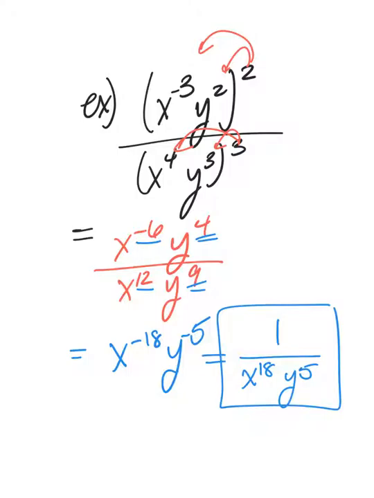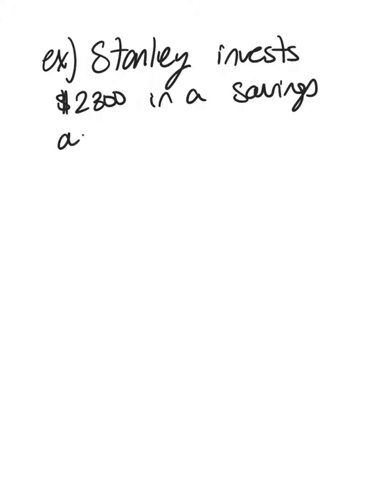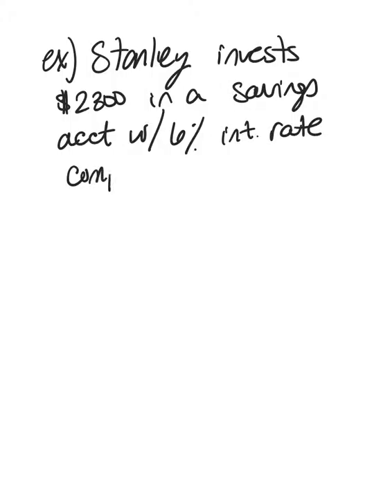Other things to remember for exponents would be word problems. I don't know. Let's say we use Stanley's name. Stanley invests $2,300 in a savings account with 6% interest rate, compounded annually.